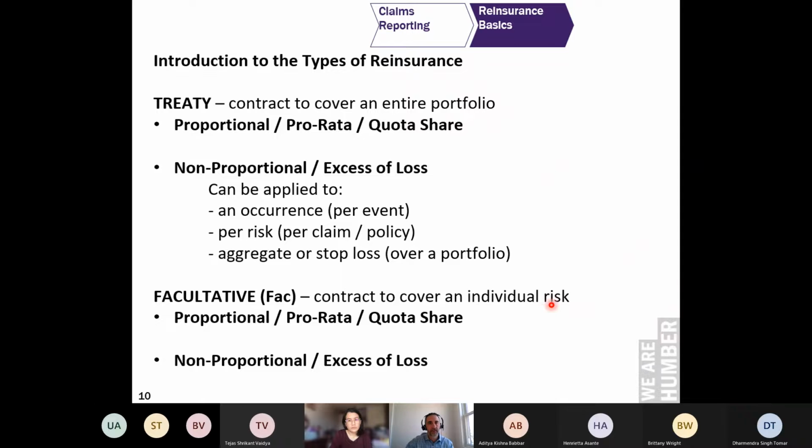So those are two different types of contracts. Both treaty and FAC could have proportional or non-proportional agreements.